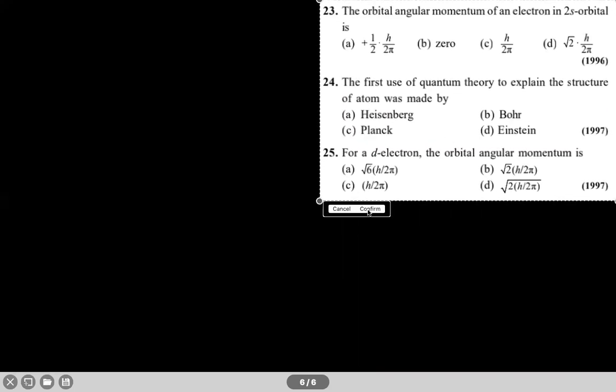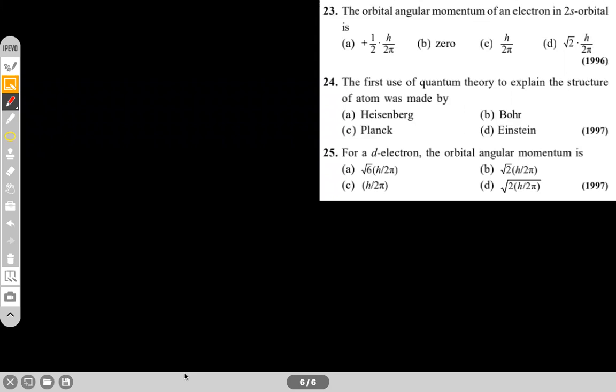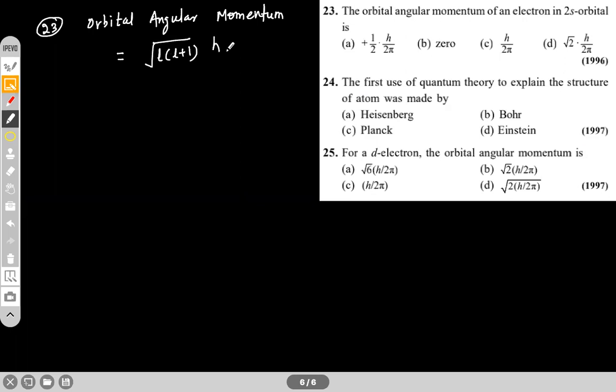Let's try these questions now. Okay, the 23rd one is talking about the orbital angular momentum. So what is orbital angular momentum? It is equal to root over L into L plus 1, times h by 2 pi. This is the formula we have.